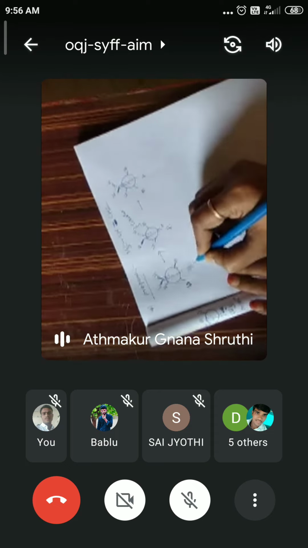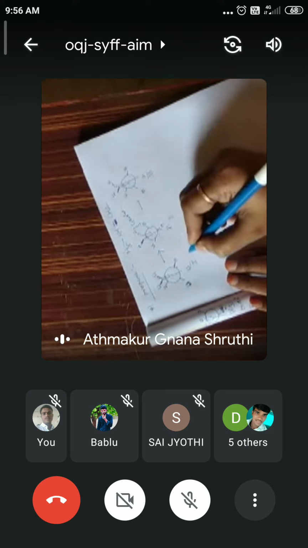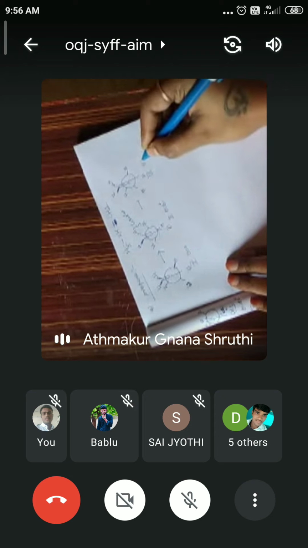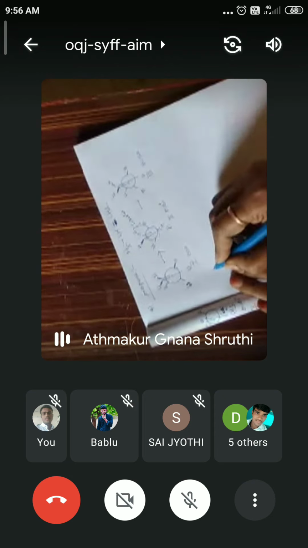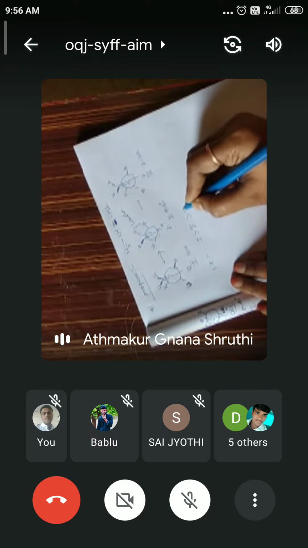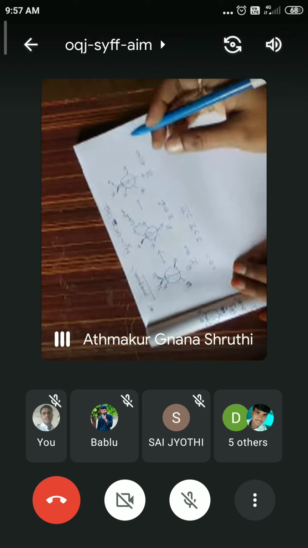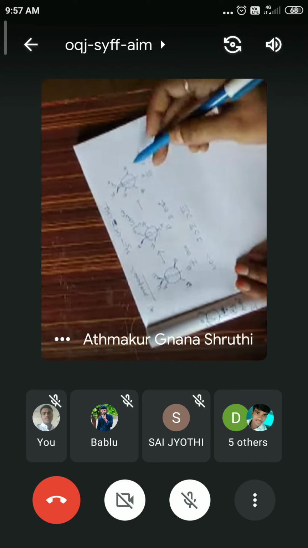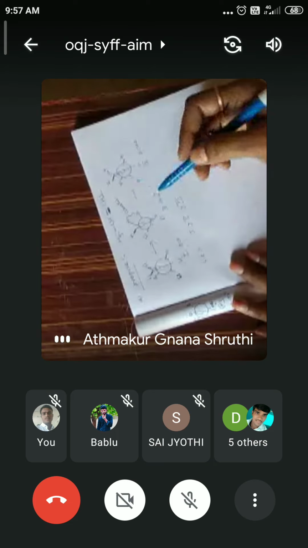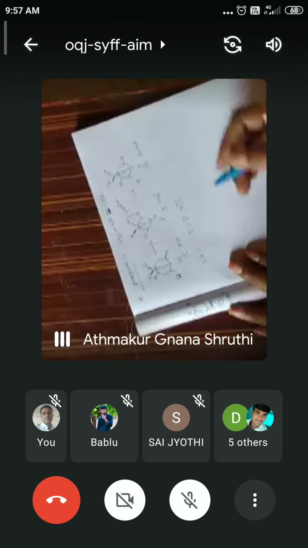So this is the first one, second one, and third one: 0, 60, 120. Now the stability order: first one is greater than second one, which is greater than third one, because there are no bulky atoms, simply we have hydrogen atoms. So that's why first compound and second compound are considered in the stability order. The eclipsed form has more stability than the gauche form.